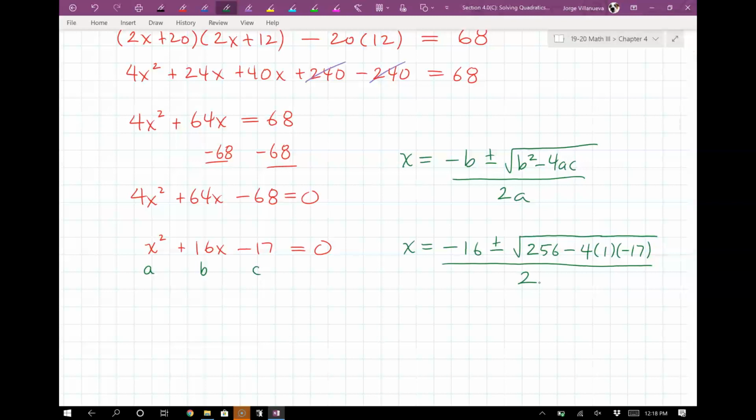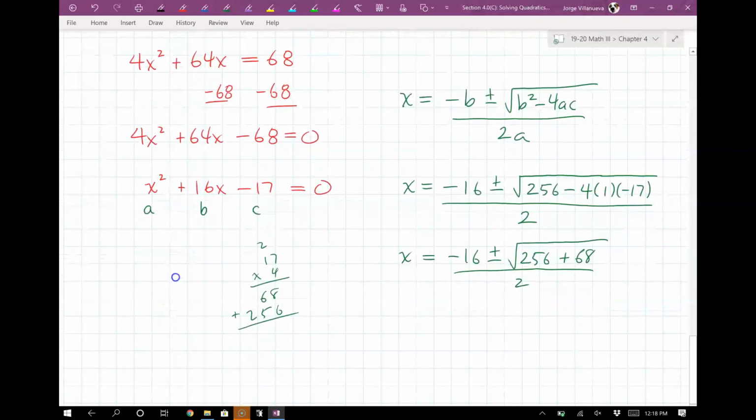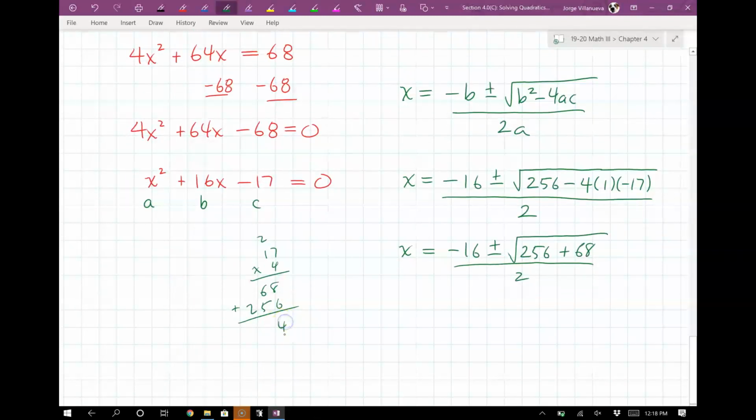So let's see. x is equal to negative 16 plus or minus the square root of 256 plus 4 times 17. What is that? That's 68, over 2, and 68 plus 256. What do we get with that? I'm just doing work on the side here. That's 324.